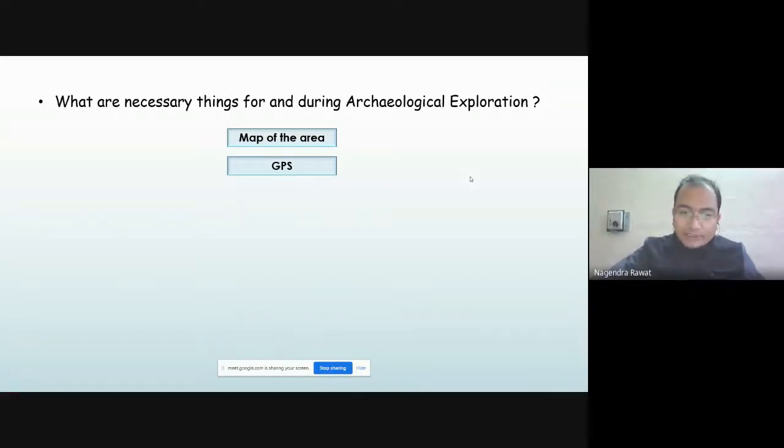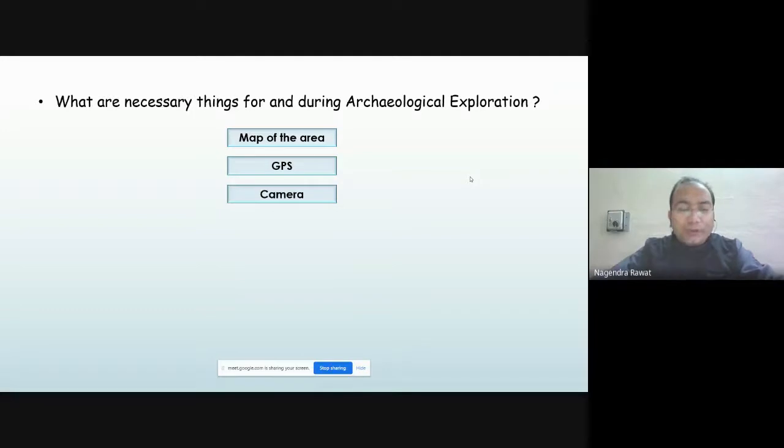The GPS. Being an archaeologist, I must suggest that if you are going to the field, you must carry a separate GPS, not dependent on the GPS embedded in your smartphone or smart camera. Next, your separate camera.